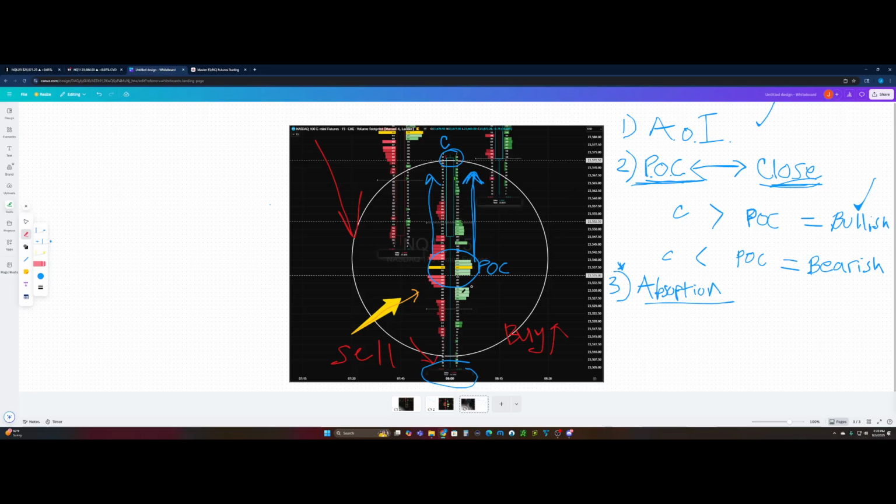Why are we closing above the POC, right? It's because the sellers were the ones getting absorbed. I'm just going to put ABS, absorbed by the buyers. The sellers kept trying, they kept pushing, they kept slamming the market sell button. But what's happening? They're getting absorbed.